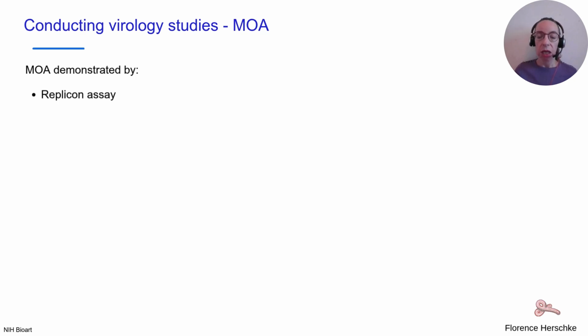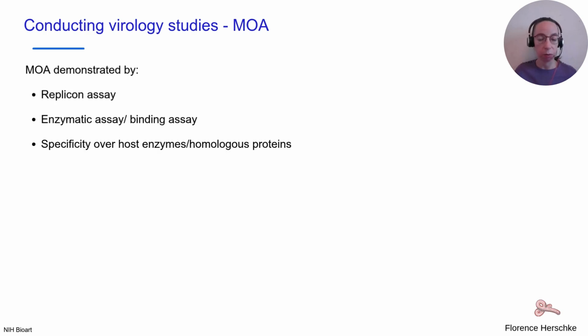For this, you can either use a replicon assay if it inhibits a viral polymerase, or an enzymatic assay / binding assay, depending if it inhibits a viral enzyme or a viral protein. You will also need to demonstrate specificity over host enzymes / homologous proteins to demonstrate it only targets the viral protein and not any host target.